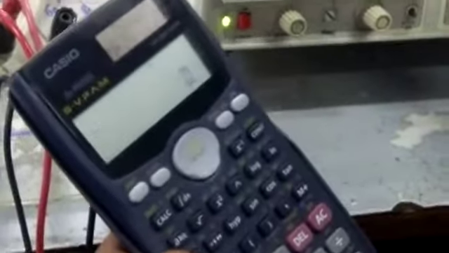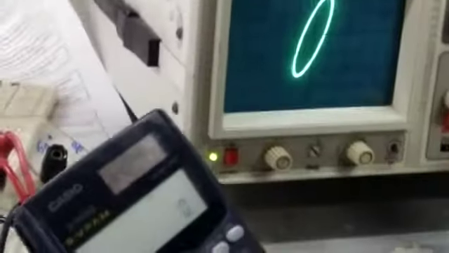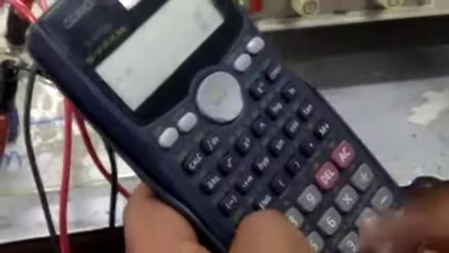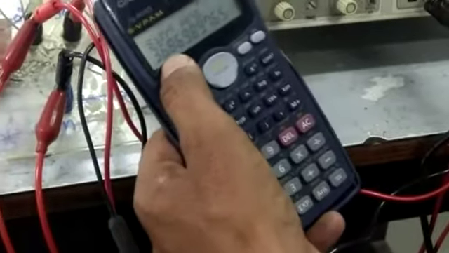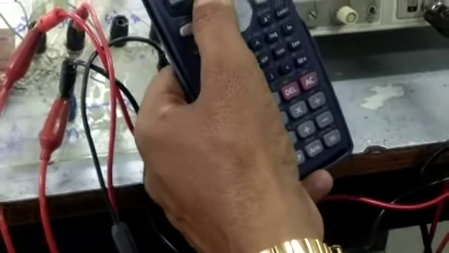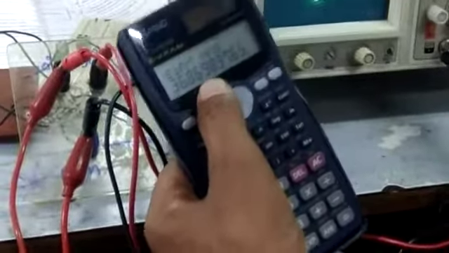My x1 is 0.6 and x2 is 1. My formula is sine inverse of x1 upon x2. My x1 is 0.6 divided by 1 is equal to 0.6. Then take the sine inverse of this answer. Then this is my angle, this is my phase. It is 36.86 degrees.